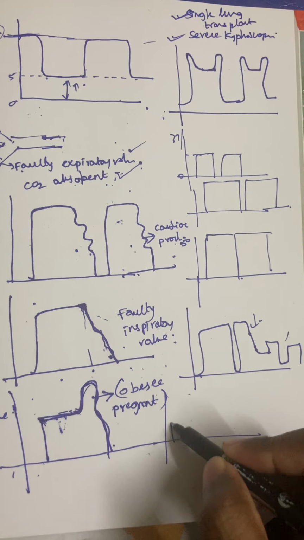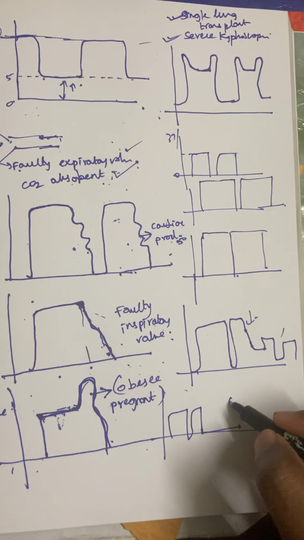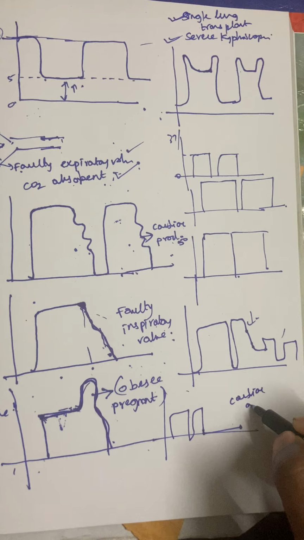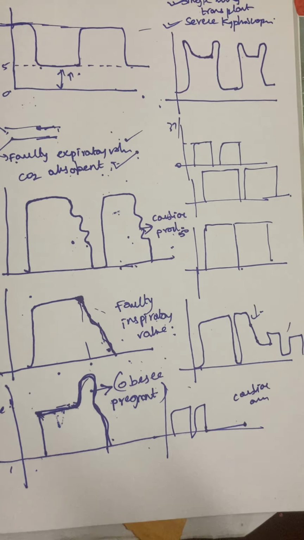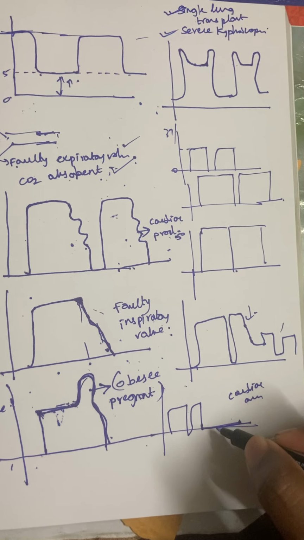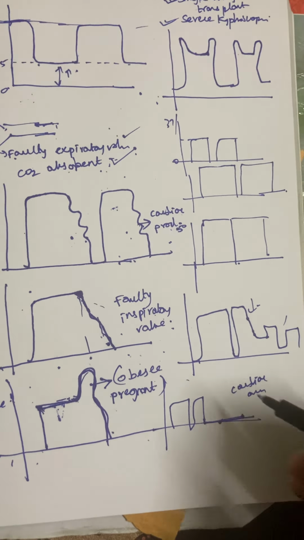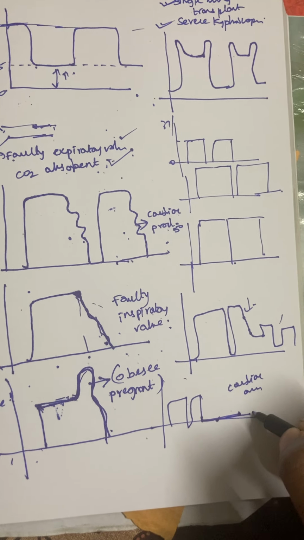Suppose the EtCO2 is coming initially and then suddenly absent, there may be cardiac arrest. If the patient has gone into cardiac arrest, there is a sudden loss of the EtCO2 waveform and absence of waveform. Sometimes when the tube is disconnected, you will also see this type of sudden stoppage of the waveform.